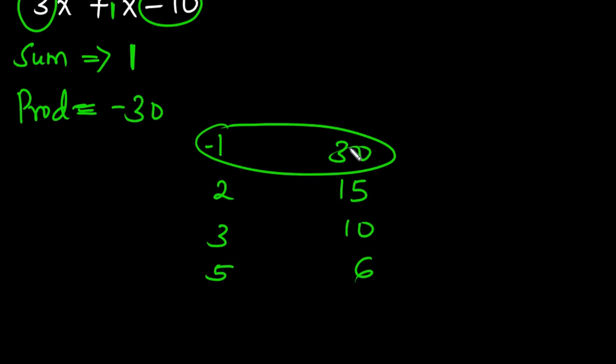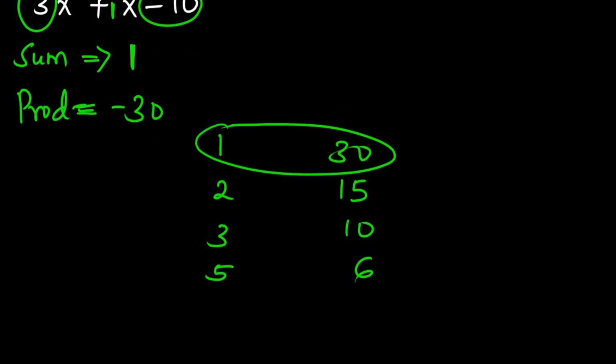It's not going to be 1. Let's say we have 1 and negative 30. There's no way we'll get a sum of 1. So let's go to the other one. If we have a negative 2 here, negative 2 plus 15 is not going to be 1. 2 and negative 15 is also not going to give us a sum of 1.